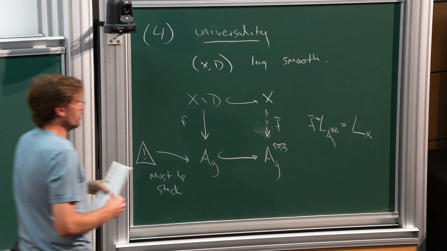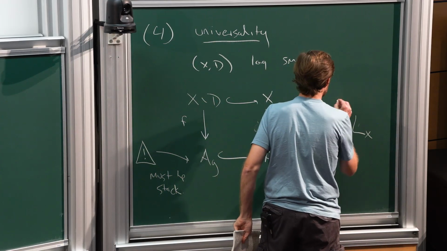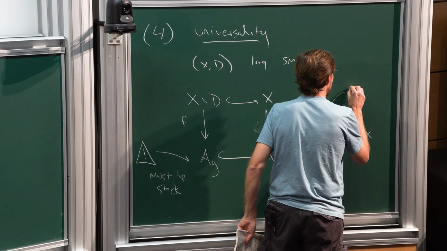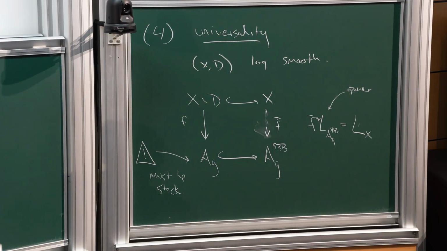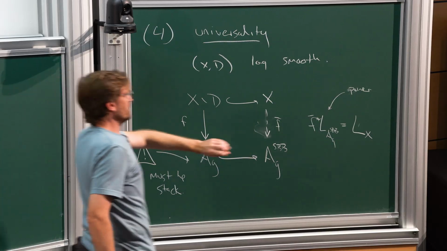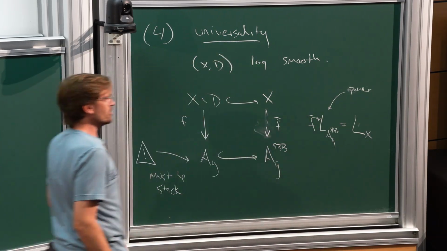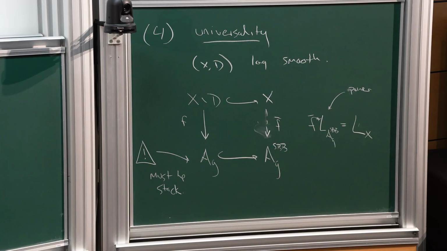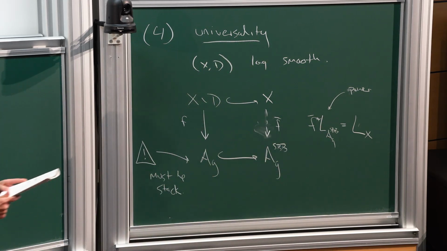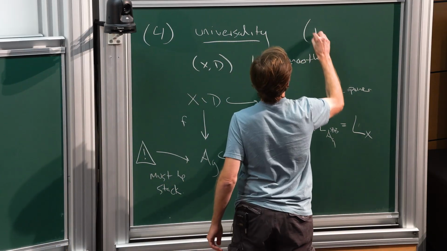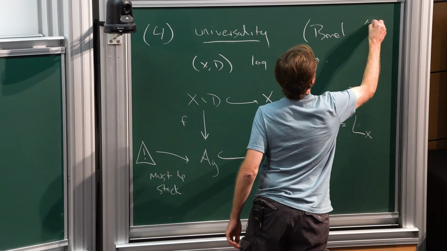And a related issue is that if you really want to be careful, there should be a power for similar reasons and for some other unrelated reasons. But whenever I write this universality property, you should understand it as either compatibility with respect to a Q-line bundle extension or up to taking some appropriate power. Okay, and this is due to Borel in '72.